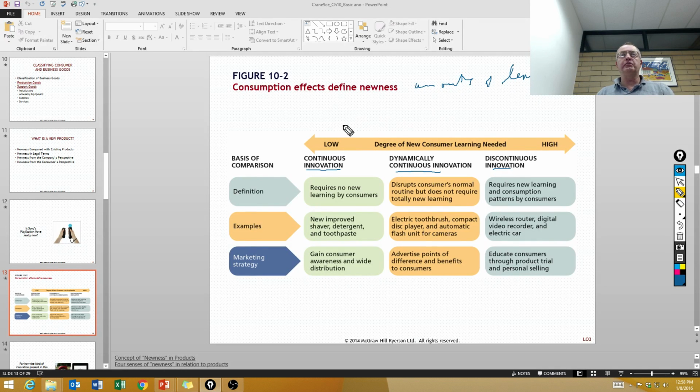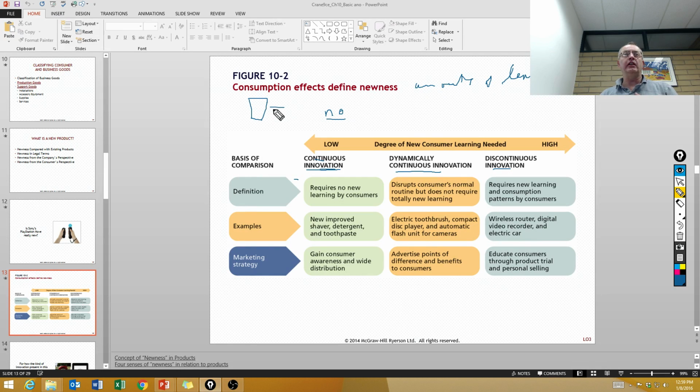So we have so-called continuous innovation products, and they require no new learning. And there's no end of examples here. One of the examples from the book is a toothpaste company comes out with a new flavor of toothpaste, or a soap company comes out with the latest and greatest brand of detergent, or you go to the food store and your favorite brand of yogurt is there, but now they've got a bigger size container.